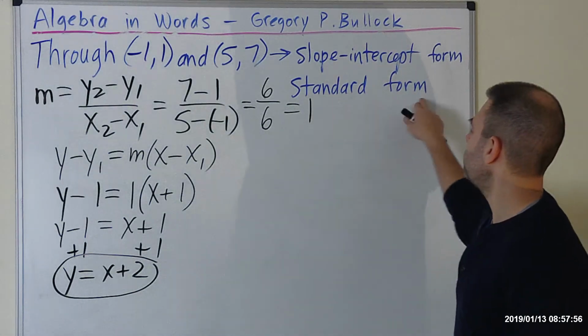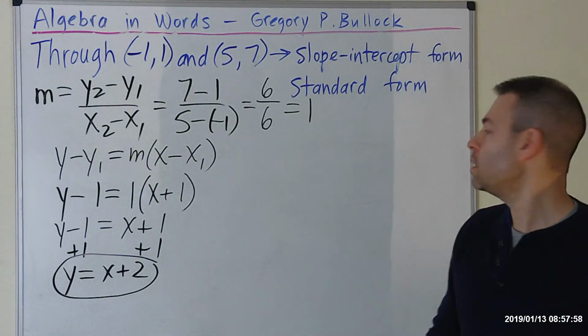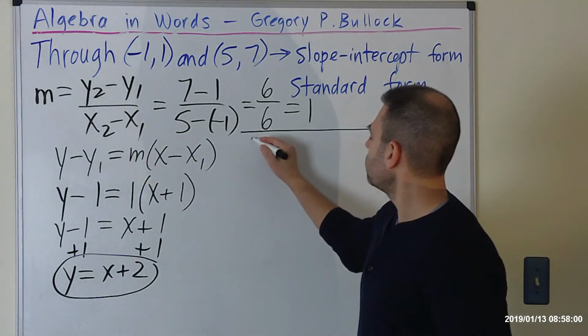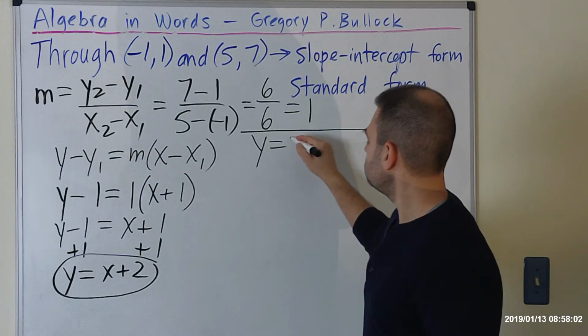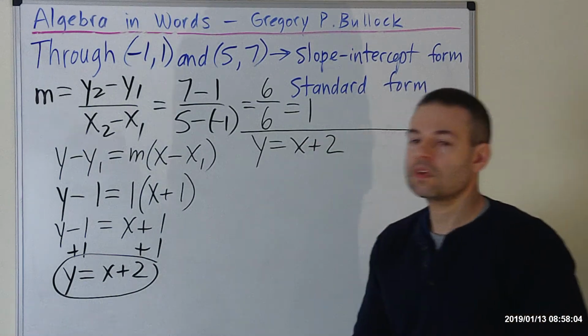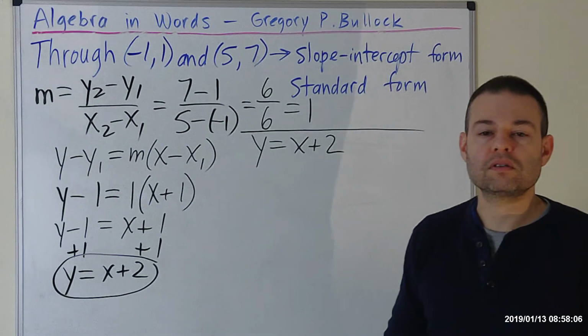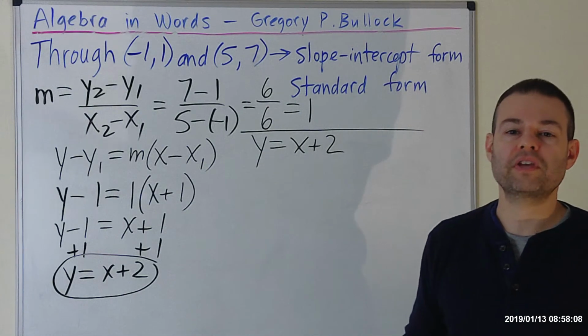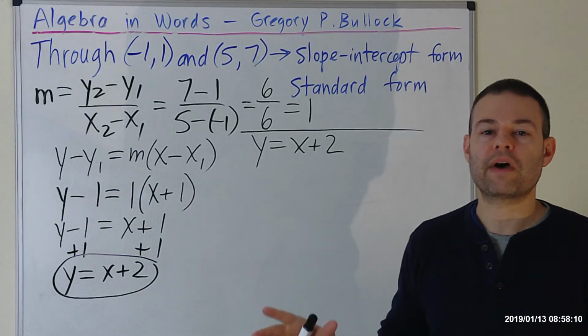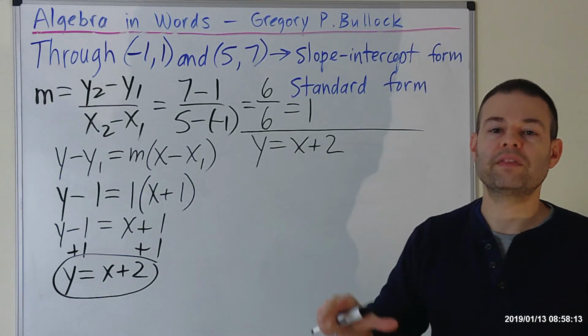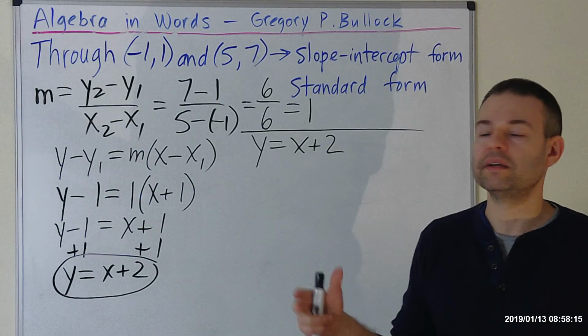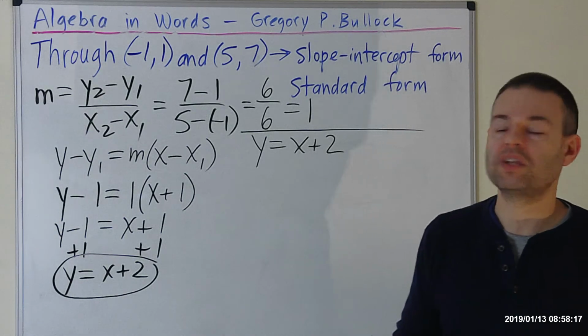But we also want to put this in standard form. So let me rewrite the slope-intercept form. If we want to put this in standard form, if you remember, standard form means the terms with the variables are on the left and the constant, or the number, is on the right. To do that, we only have to make one change.